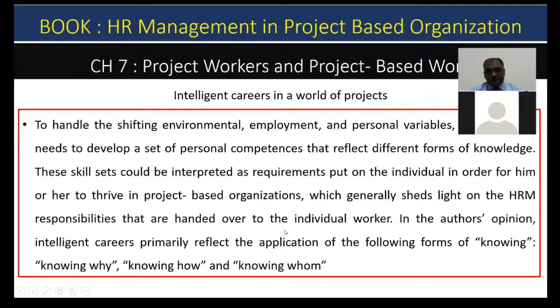that the first thing is everyone should know what he has to do. Then he should know why he's doing all this, the actual essence of the project. And then how is very important.